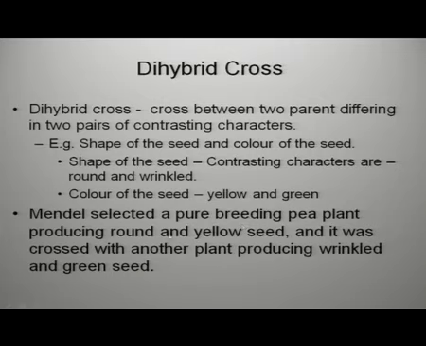So, Mendel selected here a plant producing a round seed and yellow cotyledon, and the other one wrinkled seed and green cotyledon. So, round yellow is crossed with a wrinkled green.